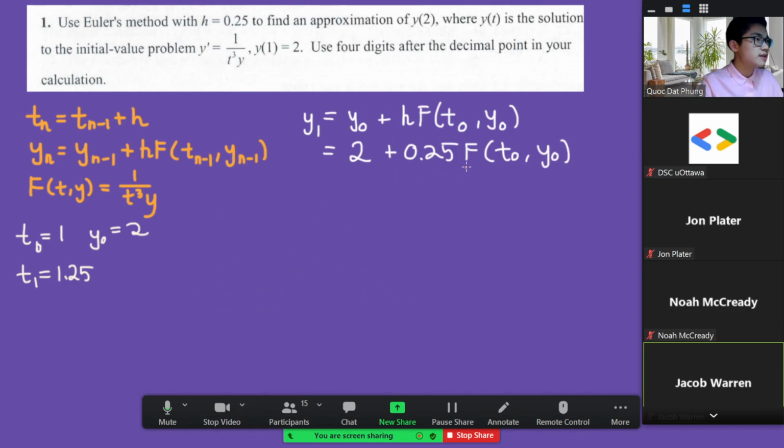And now we have to find this. So t0 is 1, and y0 is 2. We plug it into this formula here, and we get 1 to the power of 3 times 2. That gives us 1 over 2.